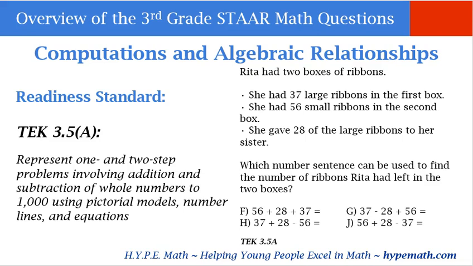She gave 28 of the large ribbons to her sister. Which number sentence can be used to find the number of ribbons Rita had left in the 2 boxes? So in looking at the answers, could you guess readily what the correct answer is?